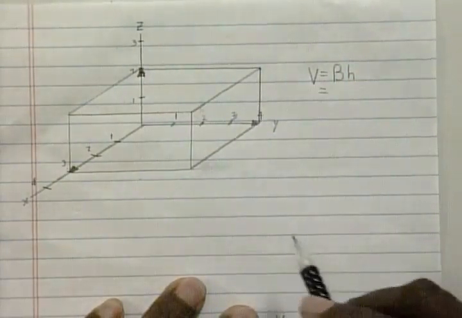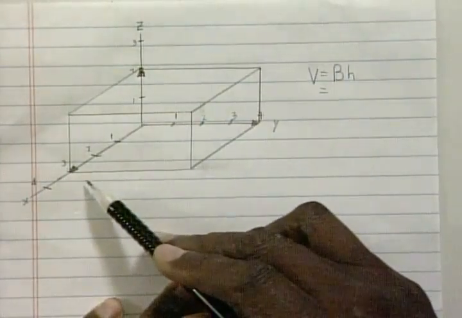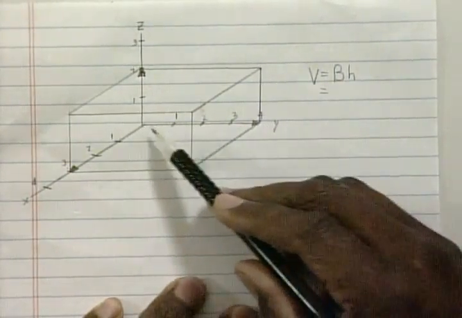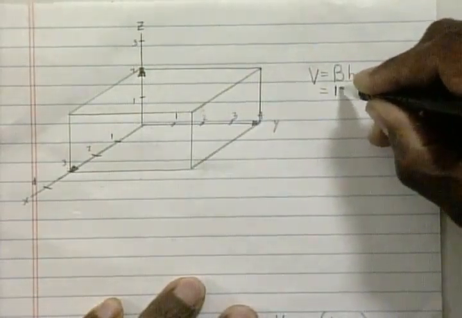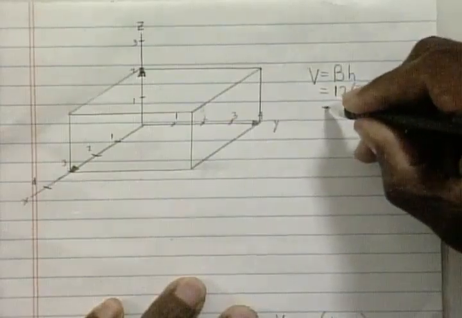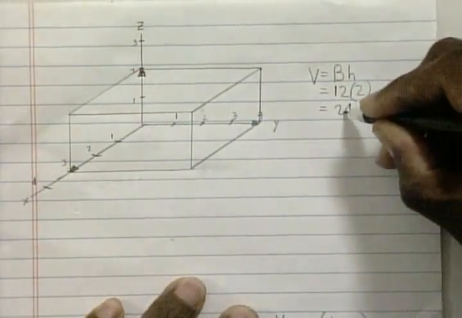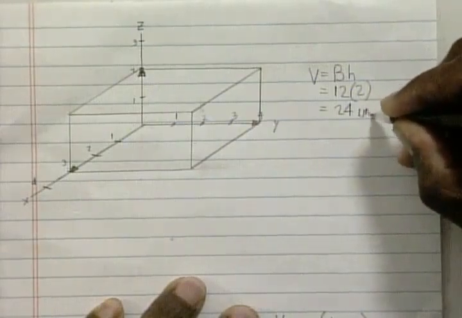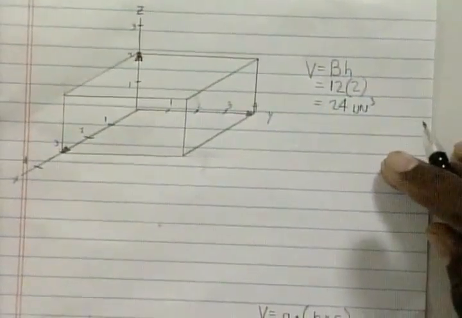The area of the base is the length times the width. This here is 3, and this here is 4, so the area of the base is 12. The height is 2, and you'd end up with a volume of 24 units cubed, 24 cubic units.